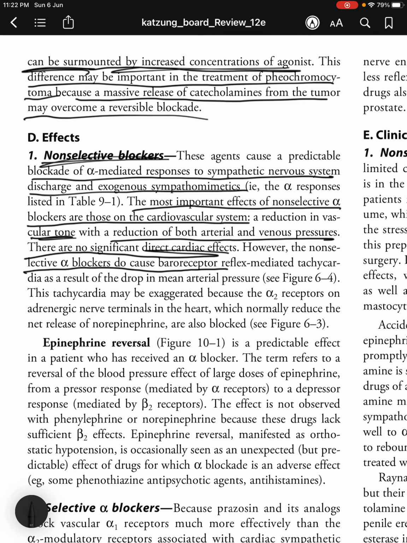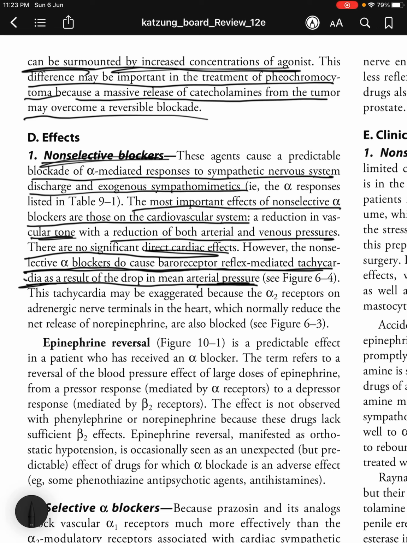However, the non-selective alpha blockers do cause baroreceptor reflex mediated tachycardia as a result of the drop in the mean arterial pressure. You're blocking the sympathetic nervous system, so what you expect is a fall in the BP. So you expect a fall in the BP and heart rate, bradycardia.